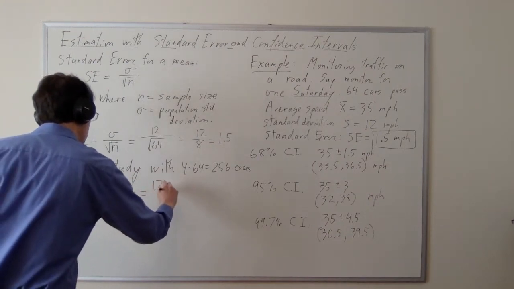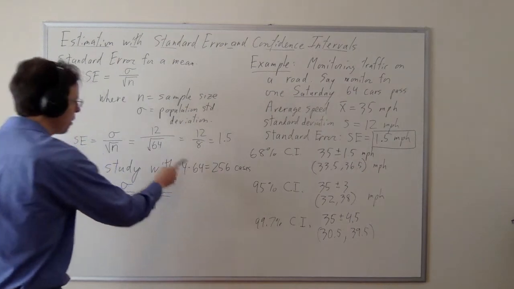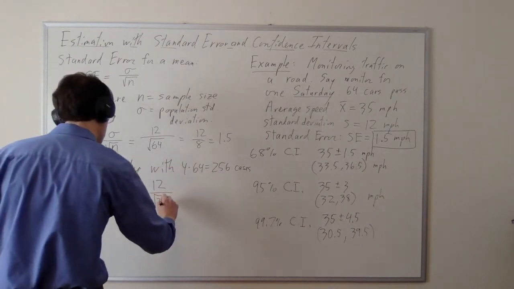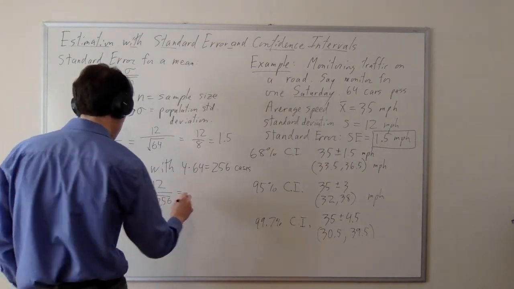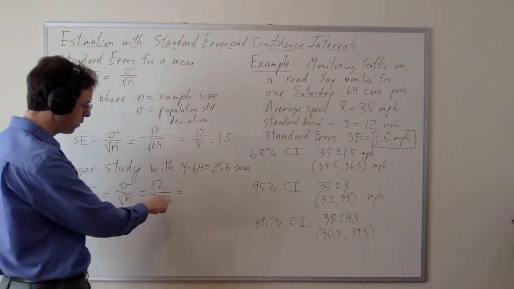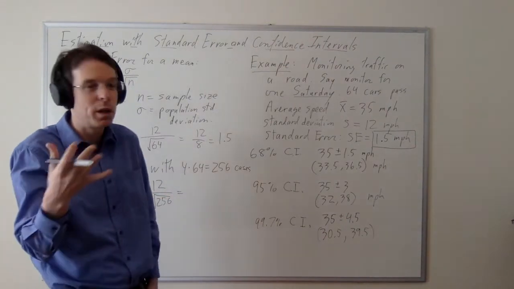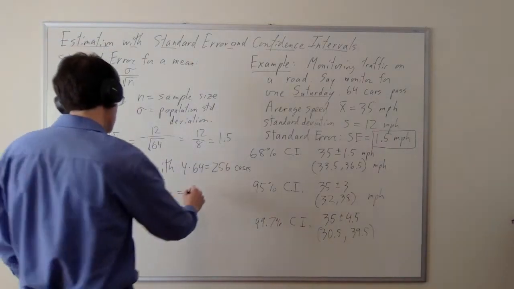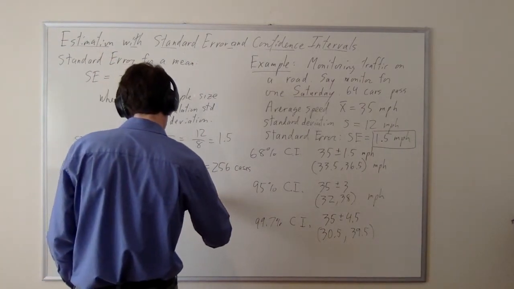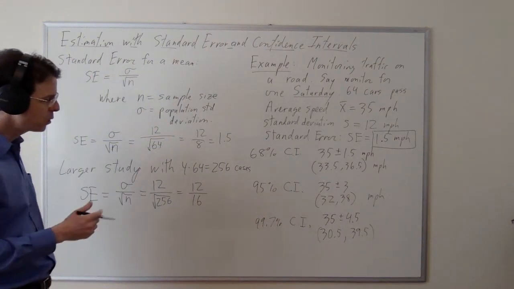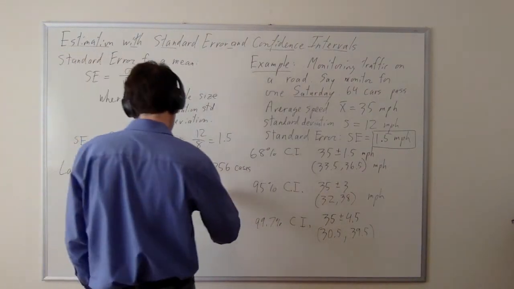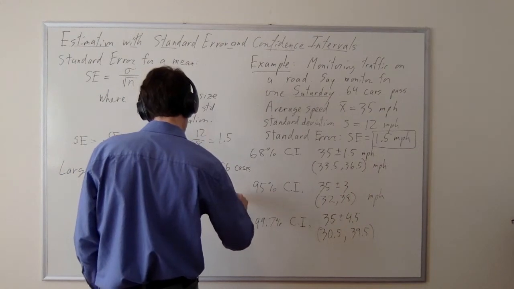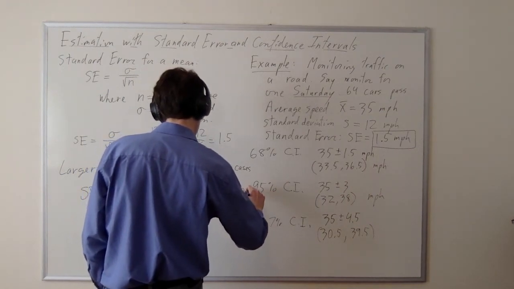And that would be 12 over the square root of, now for n we will use 256. Now, the square root of 256, maybe you don't have it memorized, but you know me. So I have it memorized and it's 16, right? So that's 12 over 16. And then 12 over 16 simplifies to 3/4, which is equal to 0.75 in decimal.